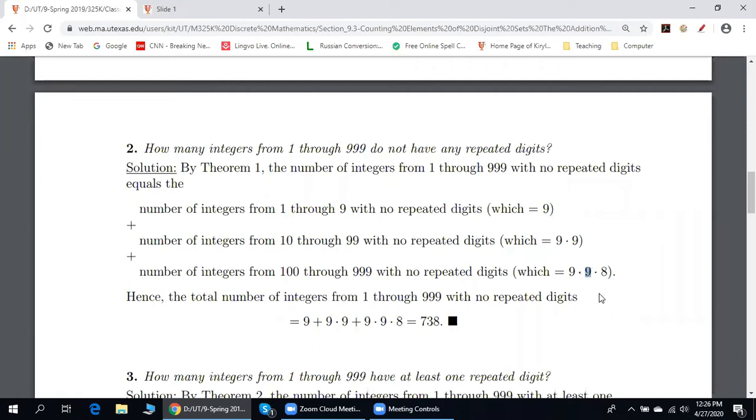Can you tell me why do we have 9 here again? Because now you can use 0, so it's the same number. Exactly. Because out of 10 possible digits from 0 to 9, we can use 0, but we cannot use the digit which is on position number 1. Therefore, 9 is the following: 10 possible digits minus 1, which is already taken.